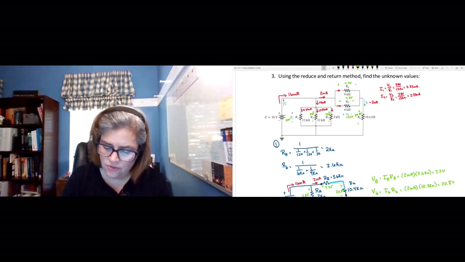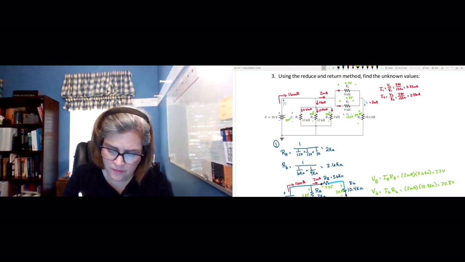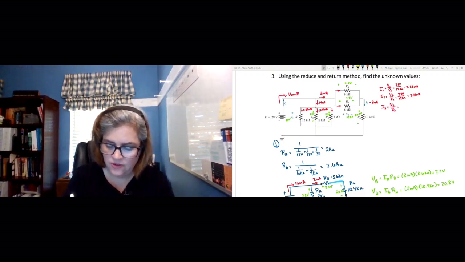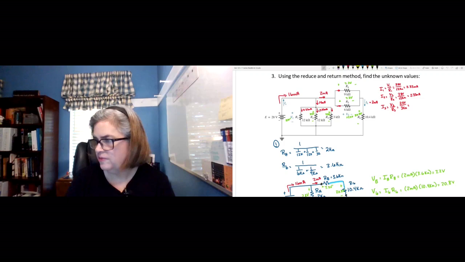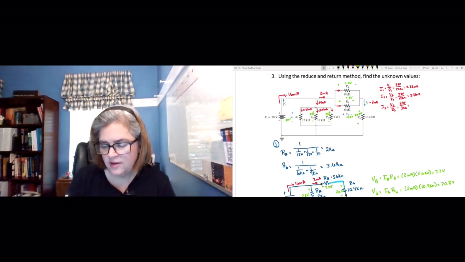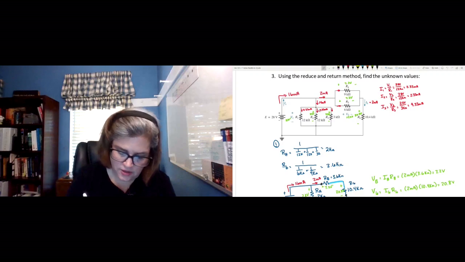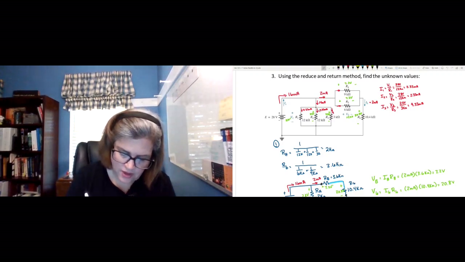And then the current through R3 is defined as V3 over R3, where we still have 28 volts drop across R3, and that's a 3K ohm resistor. So that's 9 1/3 milliamps of current through there. So 9.33 milliamps here.